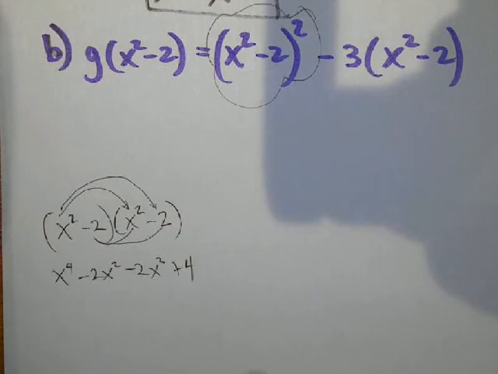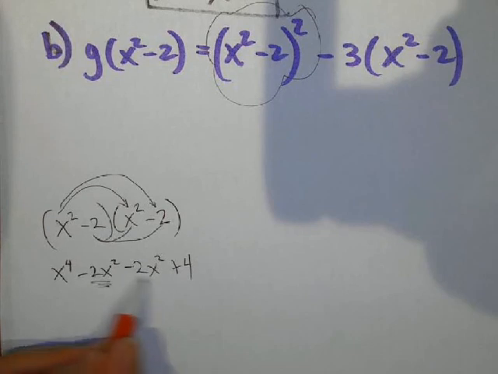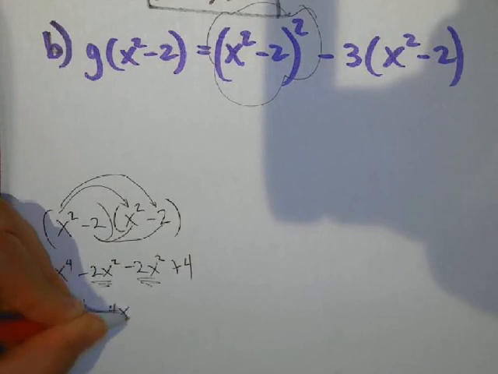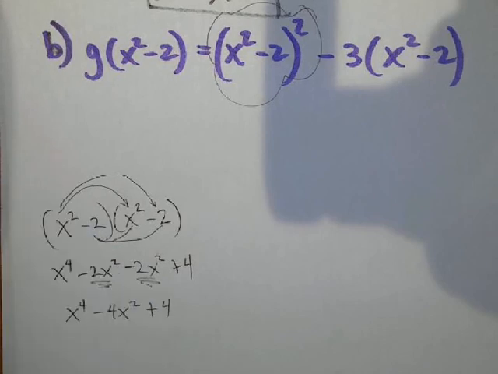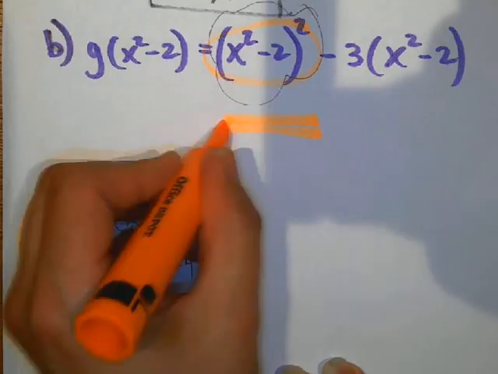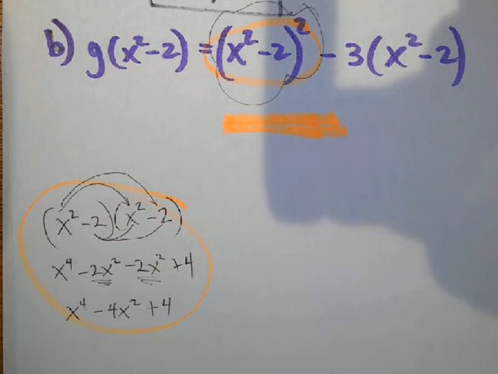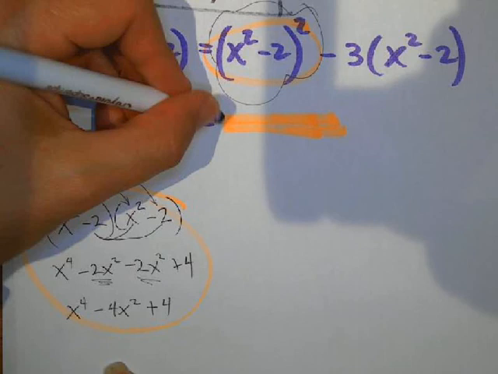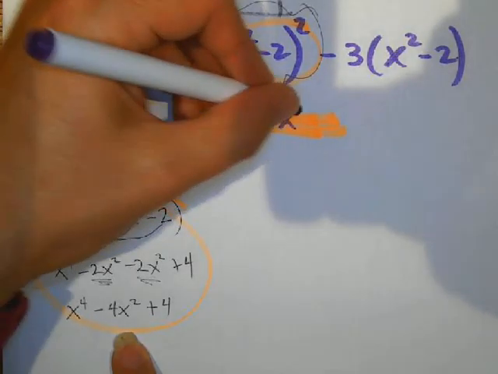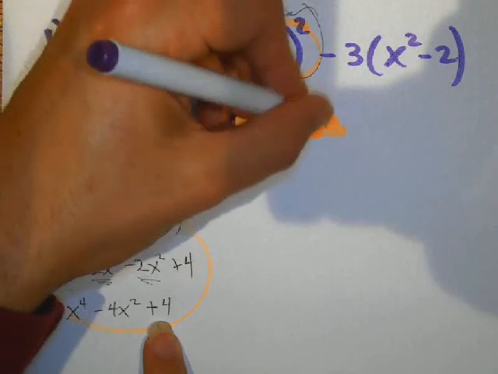Okay, and then I can combine the middle terms, and I get x to the 4th minus 4x squared plus 4. So this is what this is going to become: x to the 4th minus 4x squared plus 4.